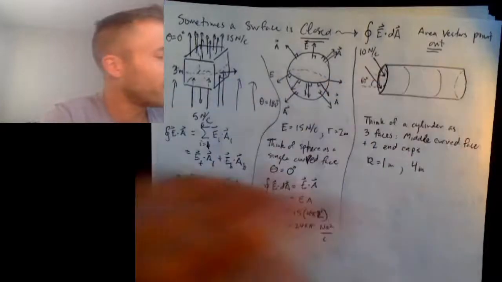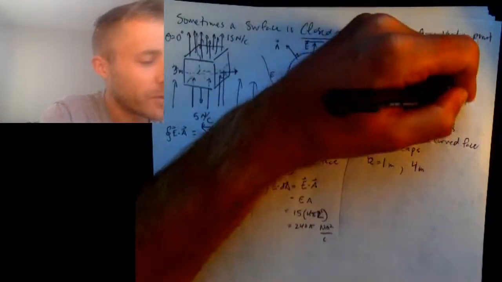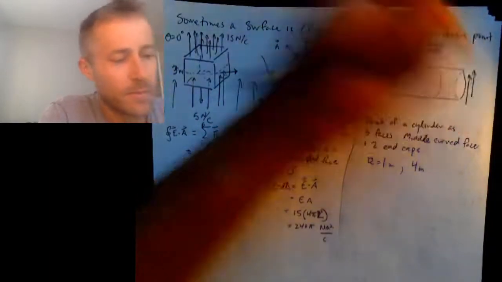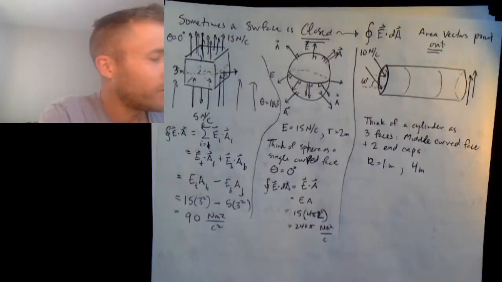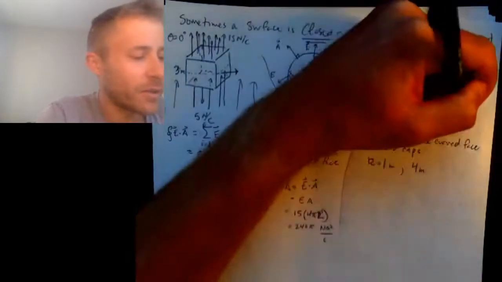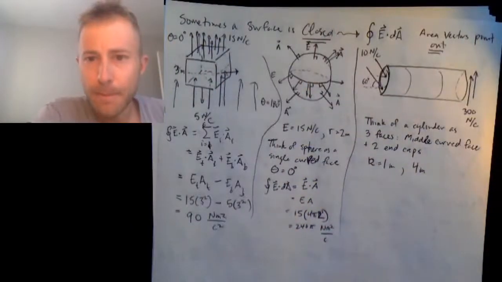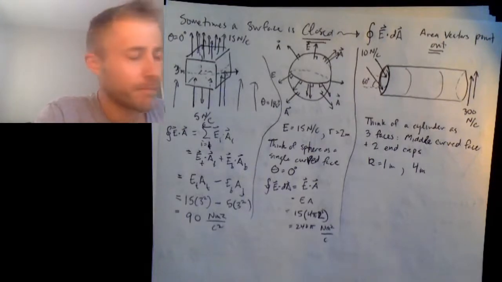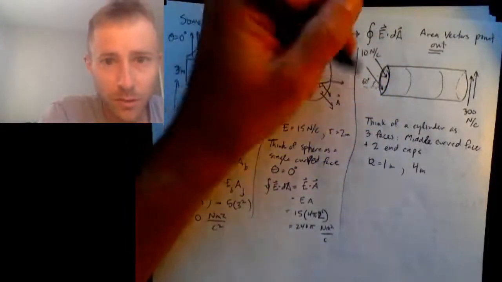On the right end cap, the electric field points straight up and down. Okay? And the size of that electric field is 300 newtons per coulomb. Along the middle region, the electric field points perpendicular to that middle region.